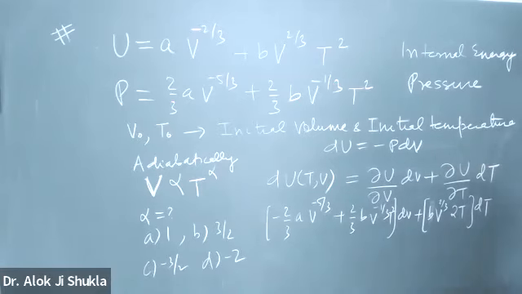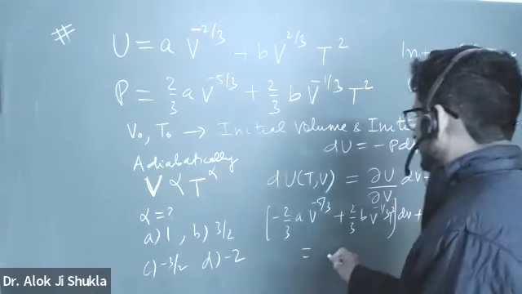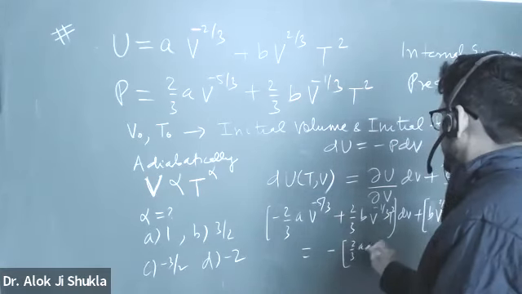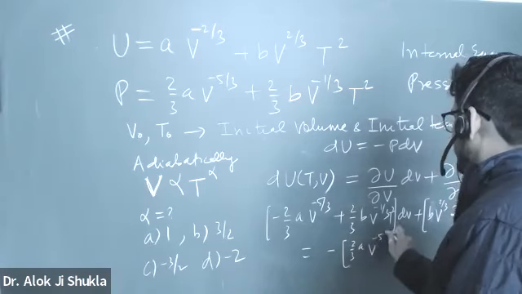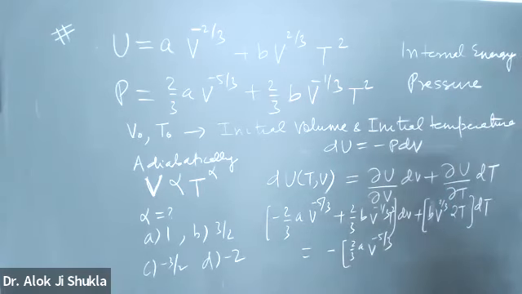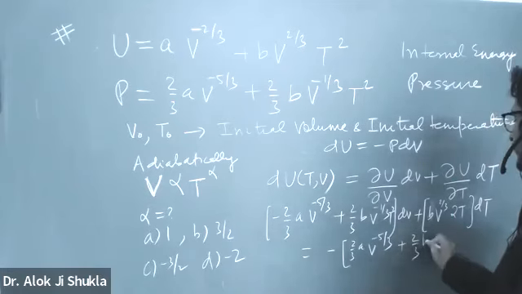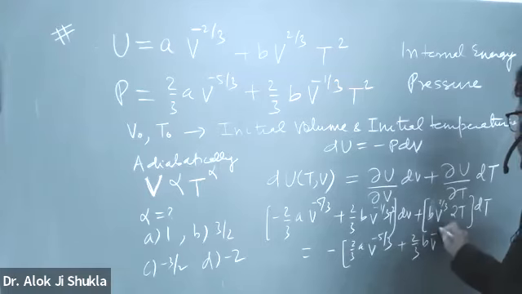Is equal to minus 2 by 3 a v to the power minus 5 by 3 plus 2 by 3 b v to the power minus 1 by 3 t square dv.